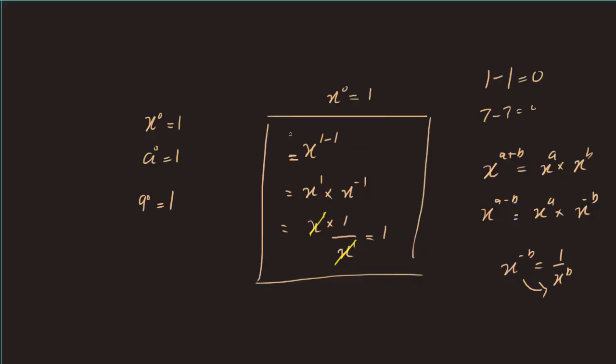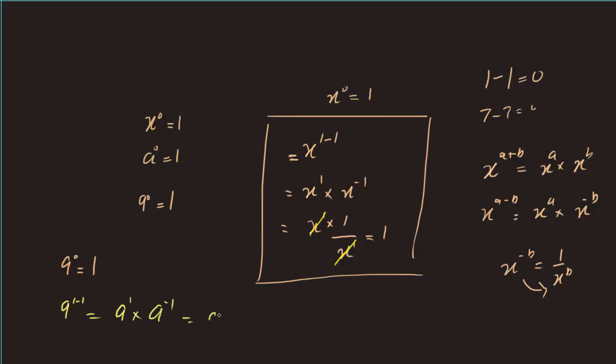Now changing that same variable with any number, for example 9 power 0 which is equal to 1, we can solve the equation with the same procedure. 9 power 0 means 9 power 1 minus 1, which is equal to 9 power 1 multiplied by 9 power minus 1.